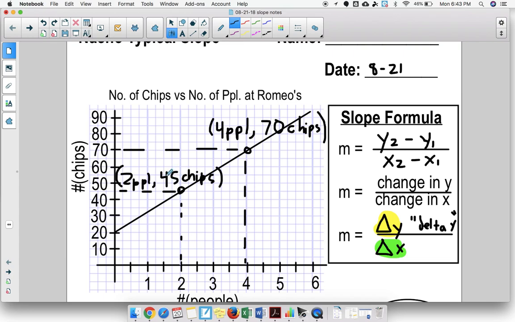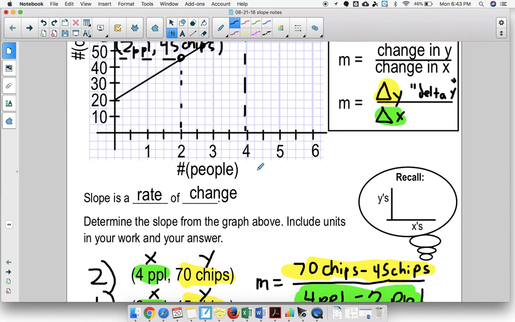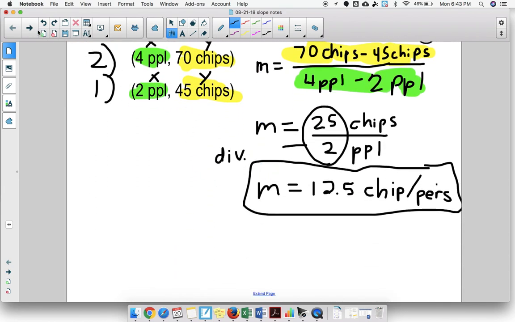So 12 and a half plus 45 is about 67.5. Let's see if that matches. Yeah, I'm sorry, 57.5. If you look right here and follow it over, I'd say that's right at about 57.5. So there's your slope, okay?